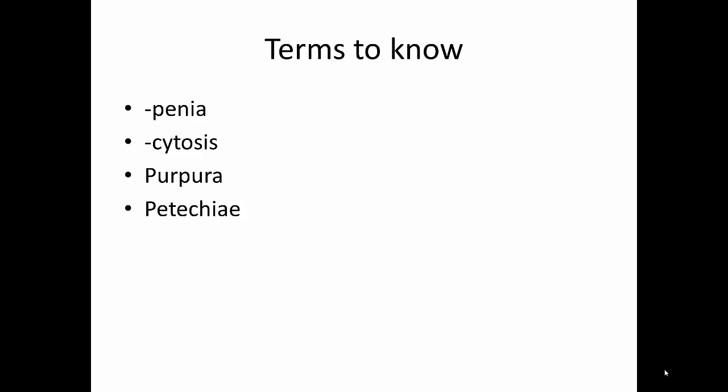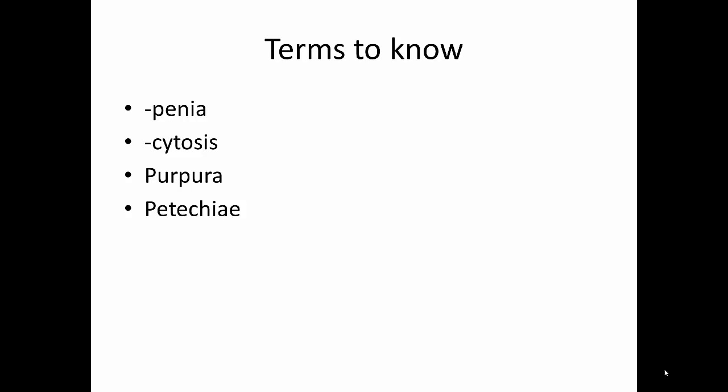Purpura and petechiae are terms that go along with platelets. Purpura is essentially a bruise. It's a spontaneous bruise. By spontaneous, I simply mean that it isn't accompanied by trauma.